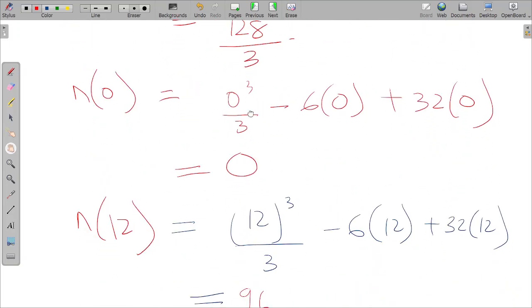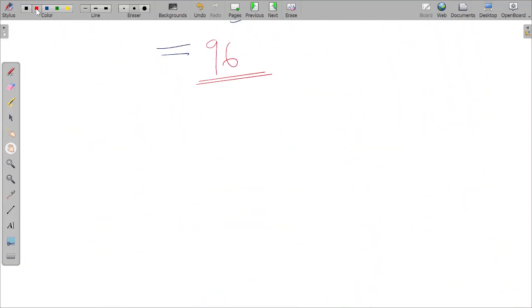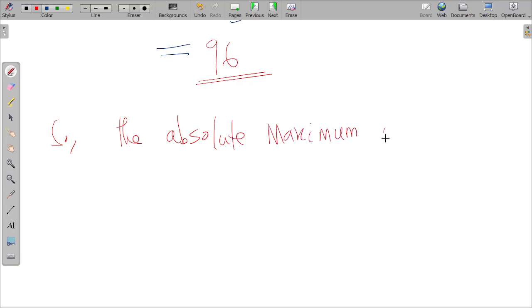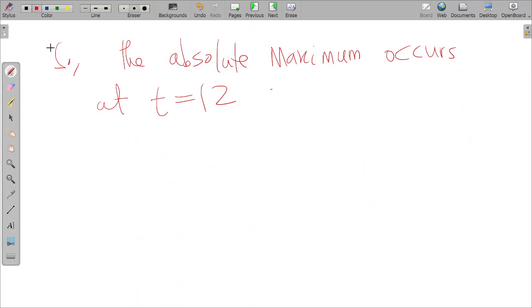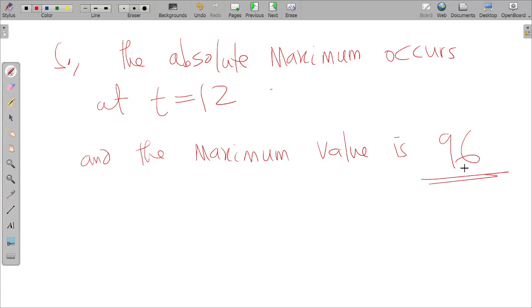So the absolute maximum occurs at t equals 12, and the maximum value is 96. Yeah, okay, all right, please ensure that you understand.